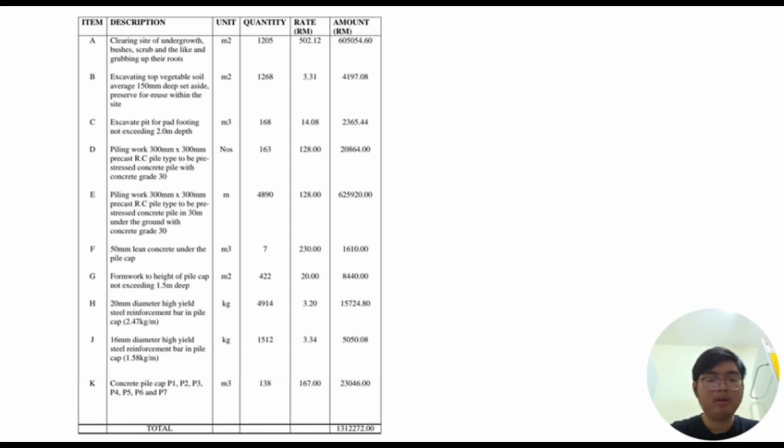The total cost is about RM 23,000. So the total of the bill quantity is about 1,312,272 ringgit.